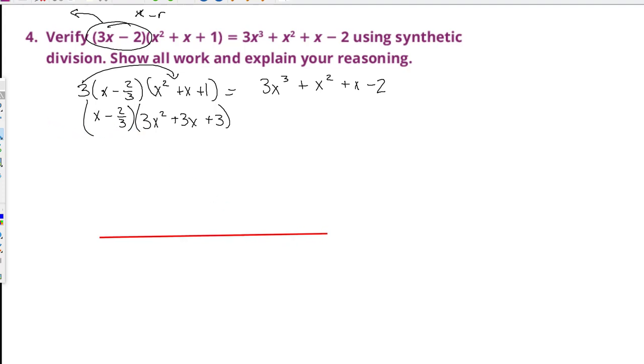So what I'm going to do is look and see if I'm dividing by a 2/3, because remember it goes opposite. And so I'm going to divide 3, this information here.